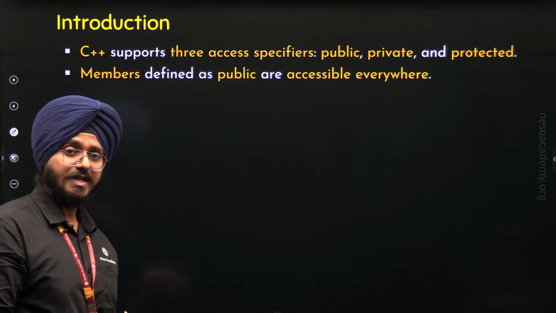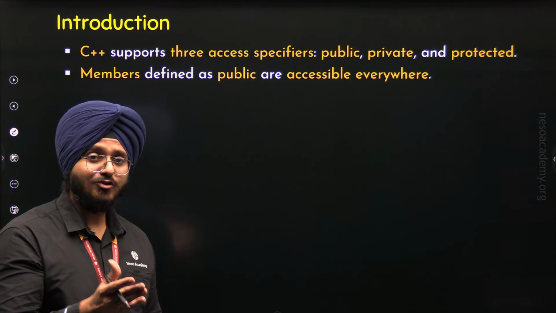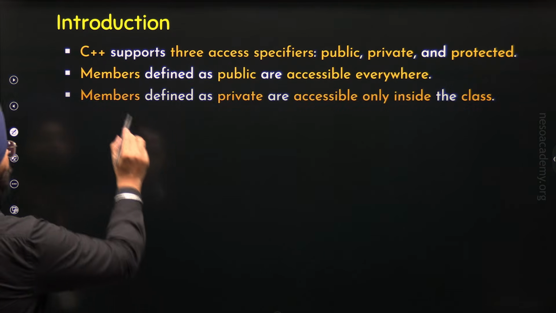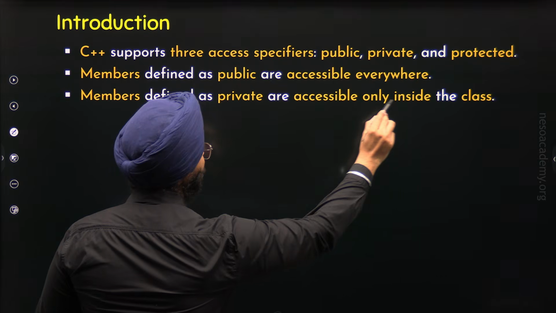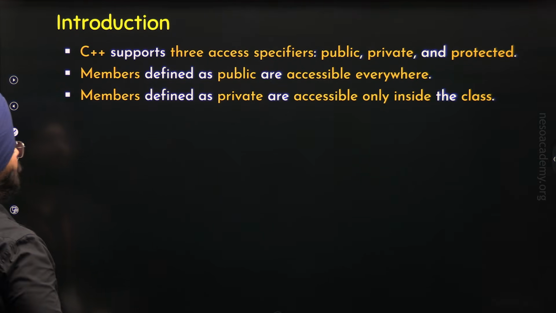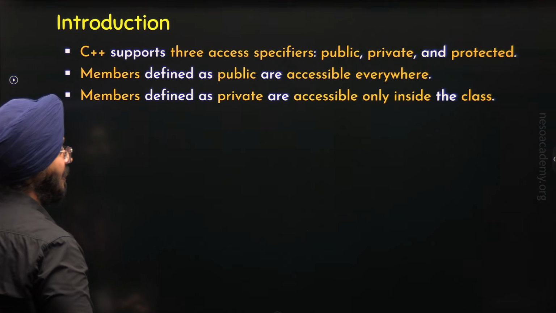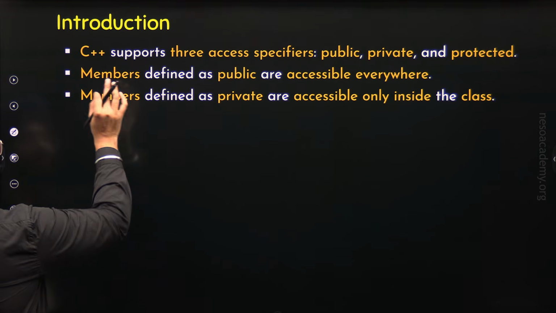Members defined under the public access specifier are available to everyone. On the other hand, members defined as private are accessible only inside the class. The members that we define under the private access specifier are accessible only inside the class where they are defined.